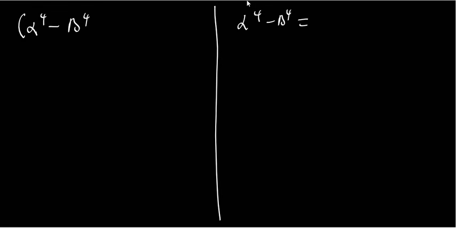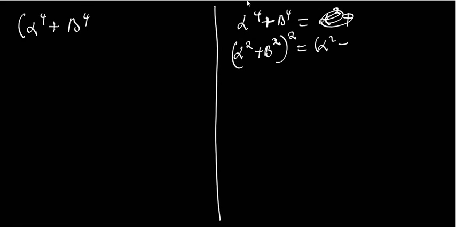This is just the same as alpha squared plus beta squared, which is a square there. Then this means that you have alpha squared plus beta squared, alpha squared plus beta squared.